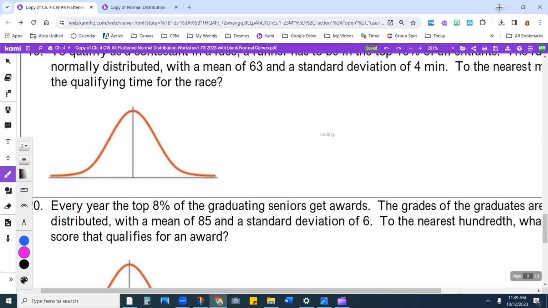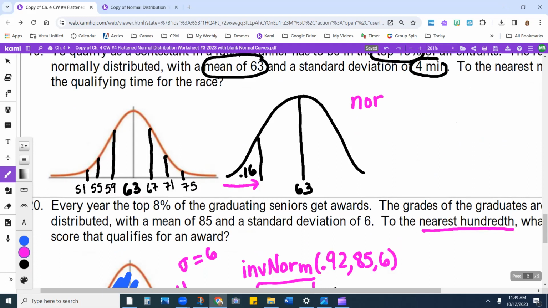So in this situation, I'm going to do normal CDF. I'm going to have 0.16 as my area, 63 as my mean, and 4 as my standard deviation. I'm going to start again. I'm not writing normal CDF.